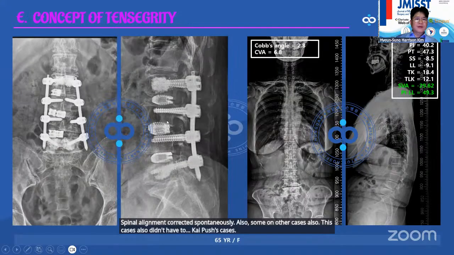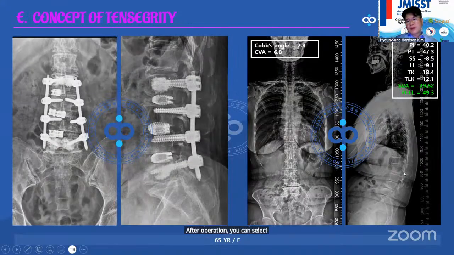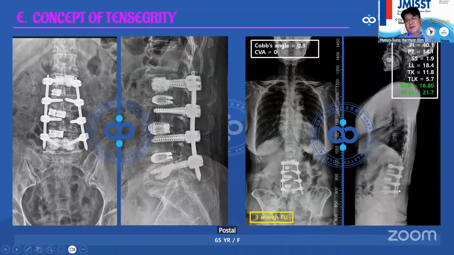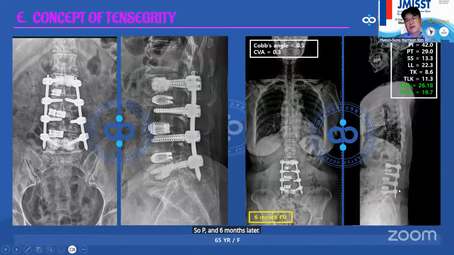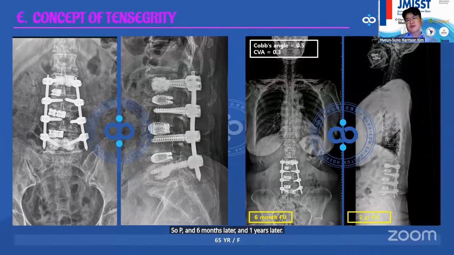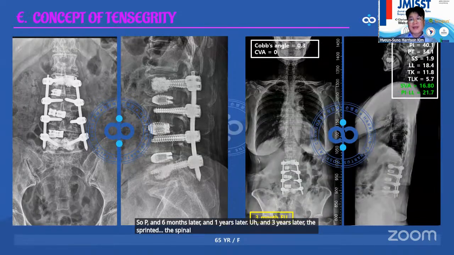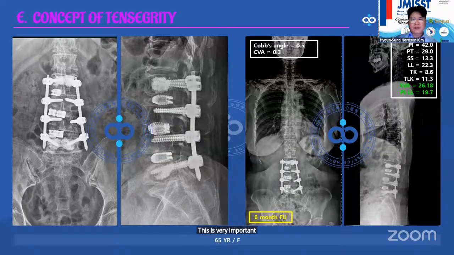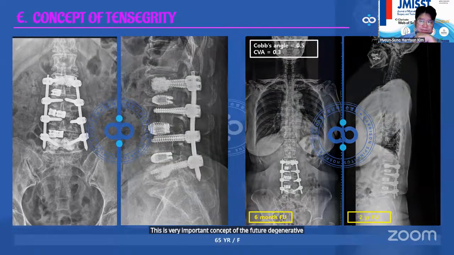After operation, you can see the 3-level fusion, and the spinal alignment from post-OP, 6 months later, 1 year later, and 2 years later, corrected by itself. This is a very important concept for the future of degenerative deformity surgery.